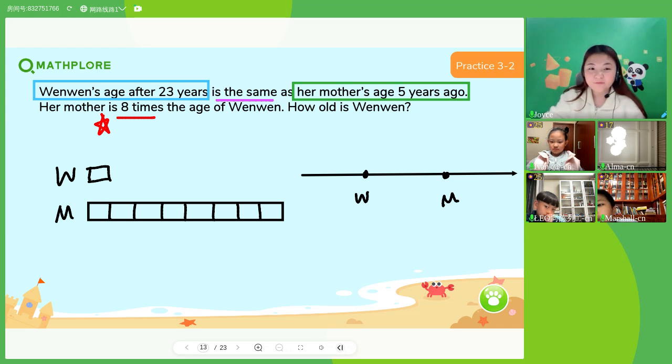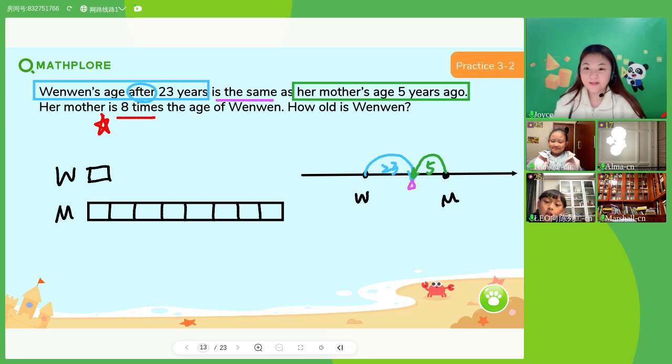Wenwen's age after 23 years, like when Wenwen grows up for 23 years, right? So this is 23 years, and she will be at this kind of age, right? And this age is the same as the mother's age when she was, 5 years ago. So when the mother goes back for 5 years, she was at this kind of age, right?